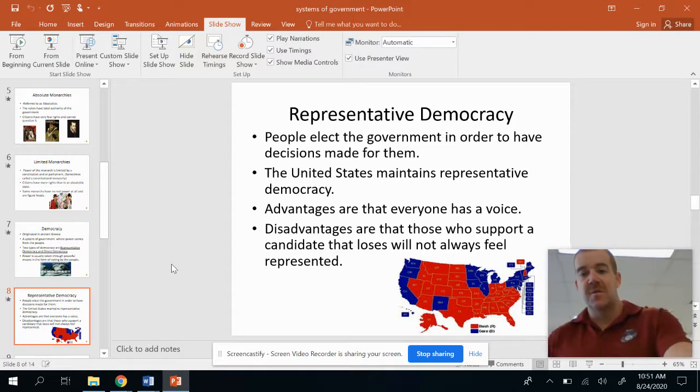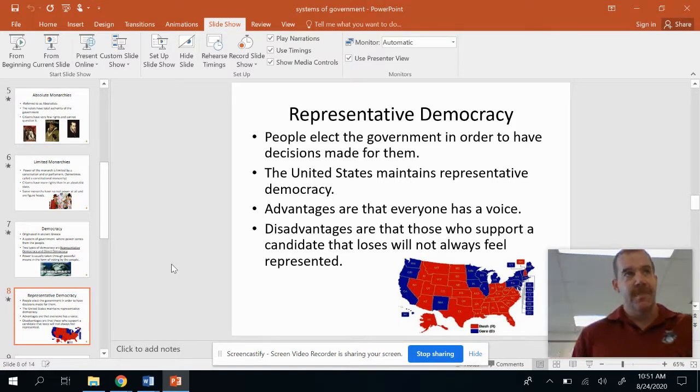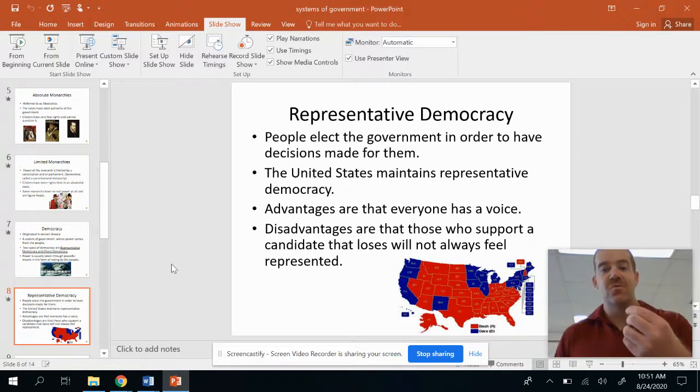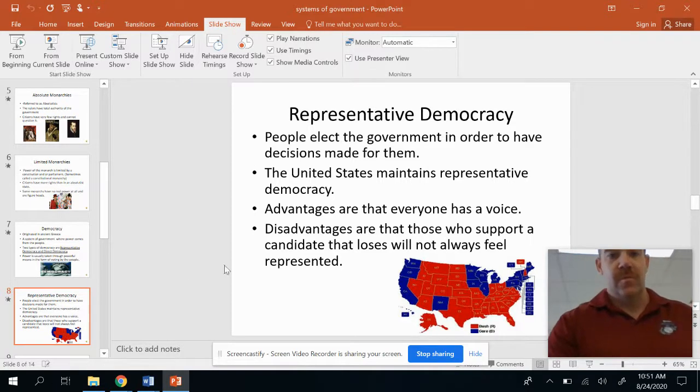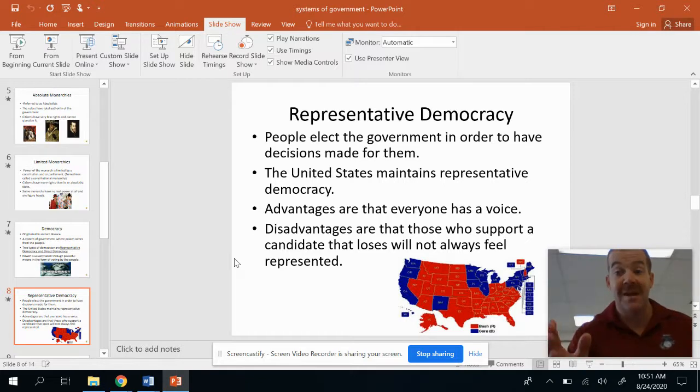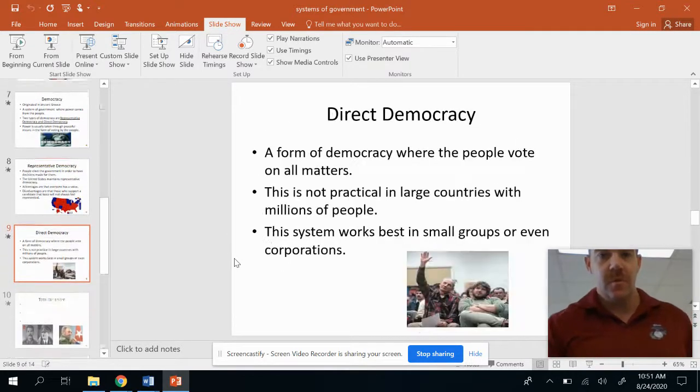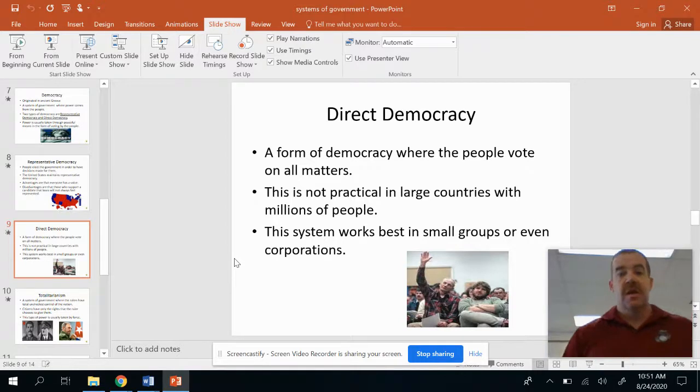So the United States has a representative democracy. Everyone has a voice, but that voice is expressed through the representative whom we duly elect. Sometimes the disadvantage is, like I said, that the representative may not always properly portray the feelings or sentiment of his electors. A direct democracy is where the people vote on all matters.